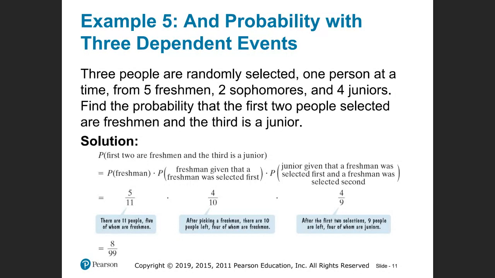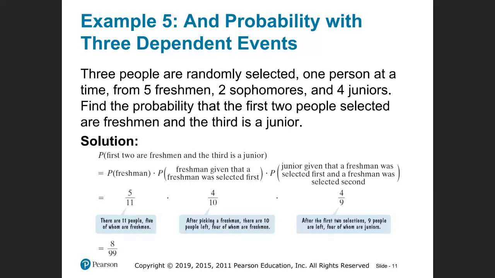Probability on the first draw that one is a freshman, times the probability of a freshman given a freshman was selected first, times the probability of a junior given a freshman was selected first and a freshman was selected second. This corresponds with our data that we're given. So probability of freshmen, there are 5 freshmen out of 11 people.